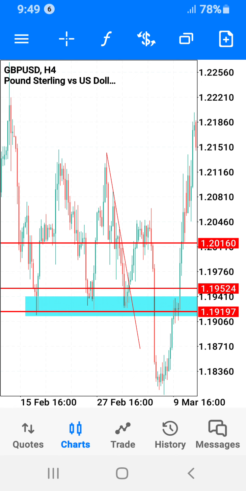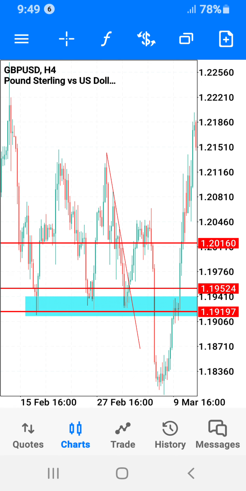When we see it has gotten to the support area again, we are looking to either sell or buy. If we want to buy, we want to see it give us the same pattern it gave us here, or we want to see the breakthrough and then we get in.